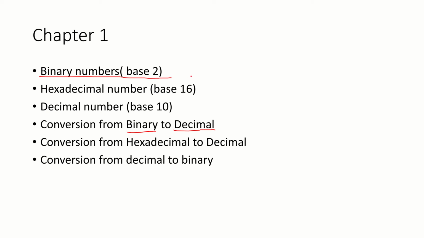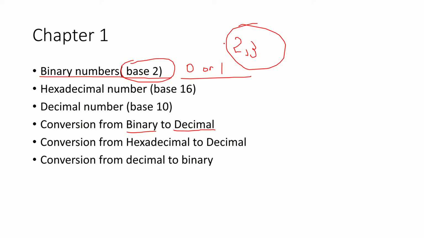Binary is base 2, so all binary numbers only have the digits 0 or 1. If you got something like 2 or 3, they do not belong to binary numbers.